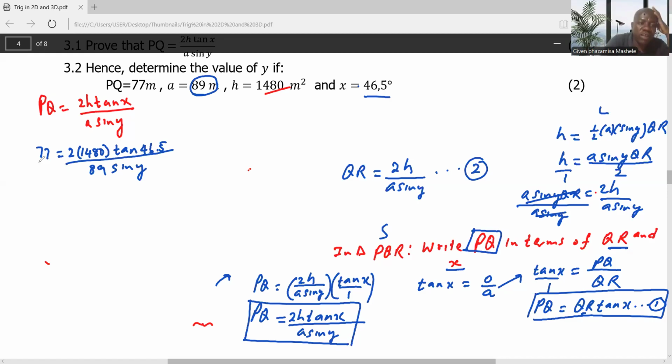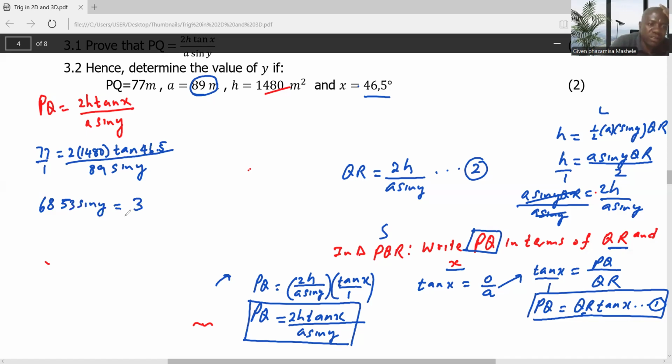This is a fraction, so make it over 1 and cross multiply. 77 times 89 will give us 6,853 sine of Y equals 2 multiplied by 1480 multiplied by tan. What is tan of 46.5?